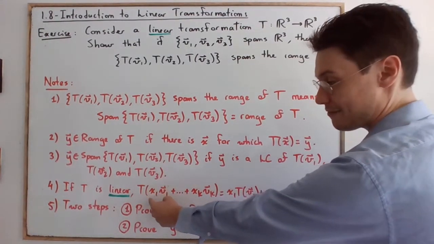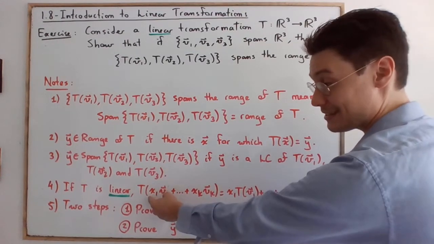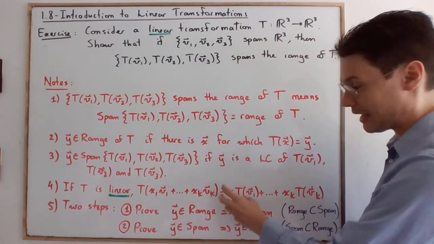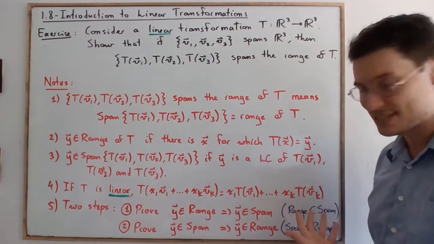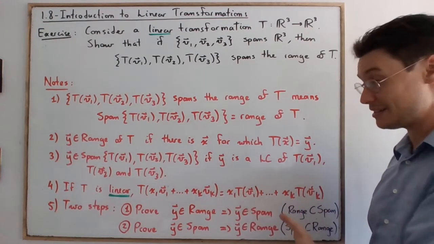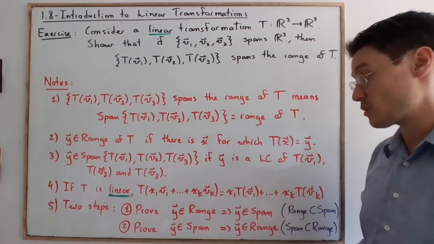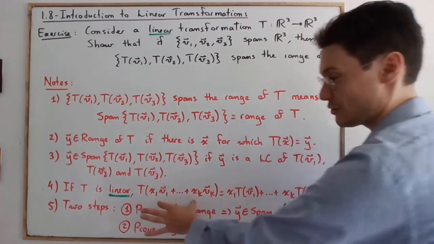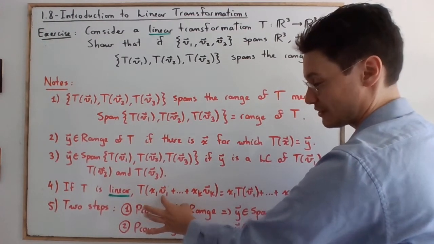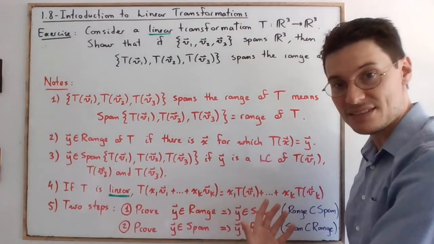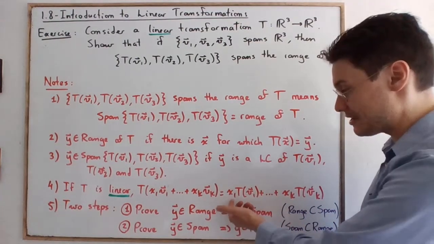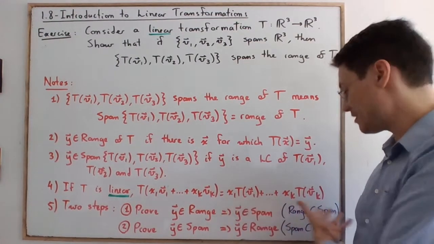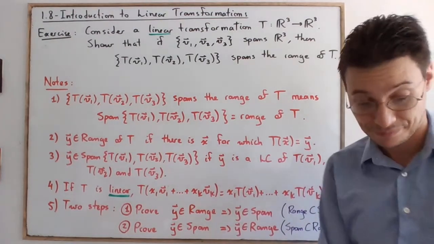So if you have a bracket like this inside T, you can actually pull out the x1 to xk's and write T of V1 until T of Vk. So that's what it means to preserve linear combinations. You have a linear combination of the vectors V1 to Vk, then the answer is the corresponding linear combination of the vectors T of V1 to T of Vk.